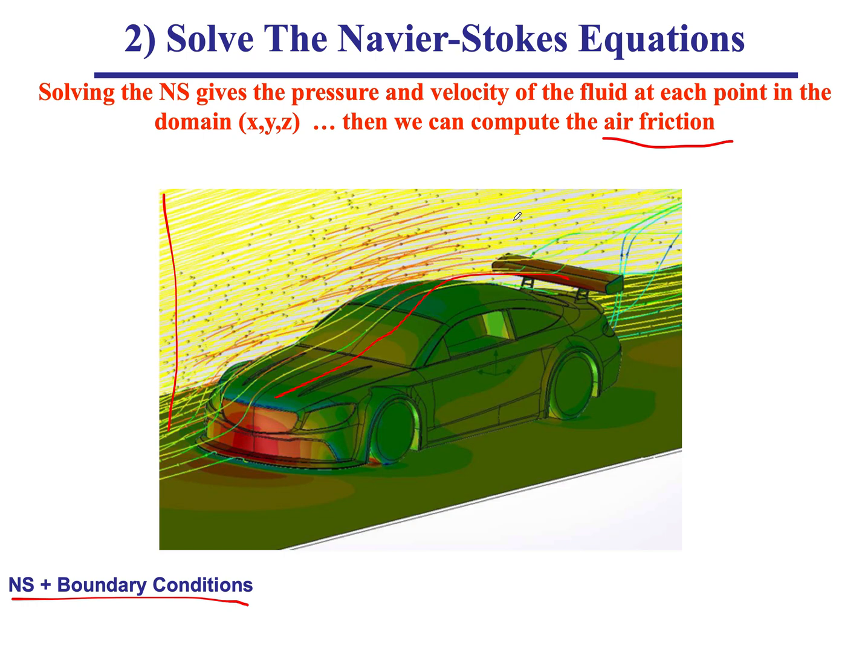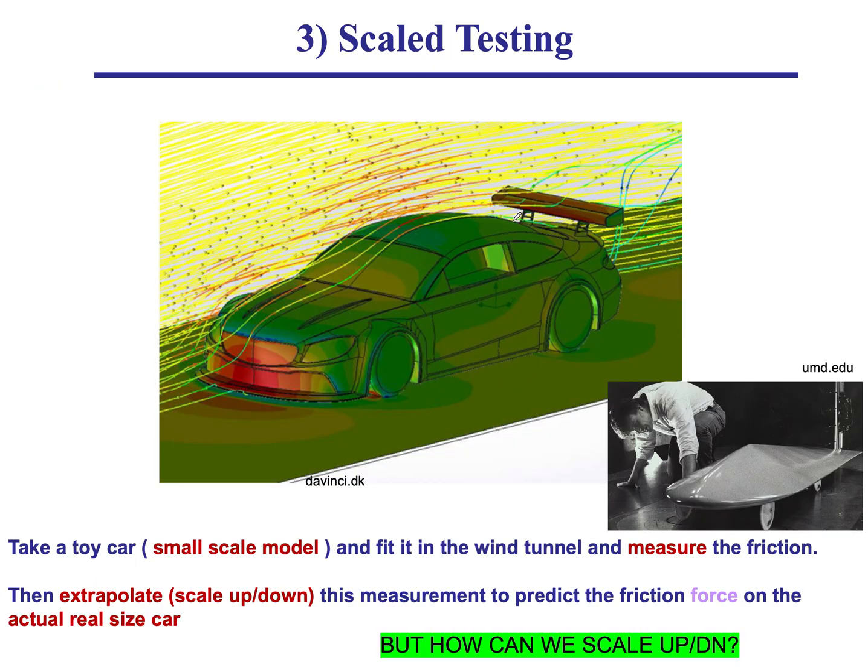These are the two tools we have learned so far. And the third tool we are interested in introducing in this section of this course is, one example of it, to do scale testing. So instead of doing a control volume analysis, or typically in addition to that, you would take a model of this car, a toy model, put it in a wind tunnel, and here you can see it's a scale model.